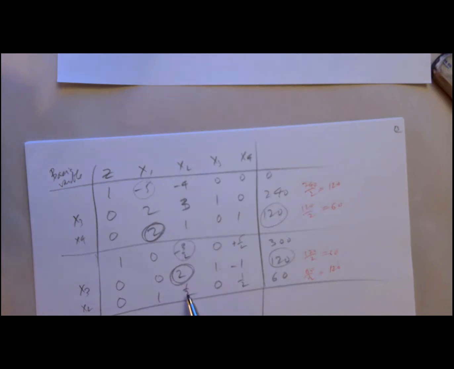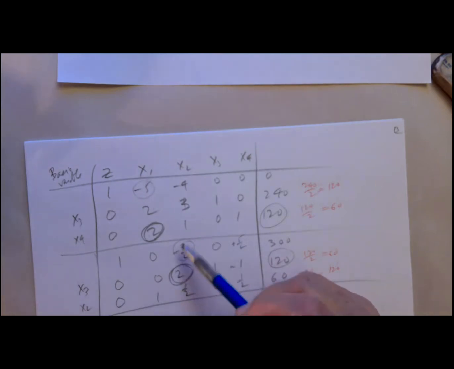I want to get a 0 here, so I can take this minus a fourth times this row plus this row. So I get 0, 1, 0, minus a fourth. A fourth plus a half is 3/4. Minus a fourth times this is minus 30 plus 60 is 30. I want to get a 0 here, so I can add 3 halves times this row to the top row.